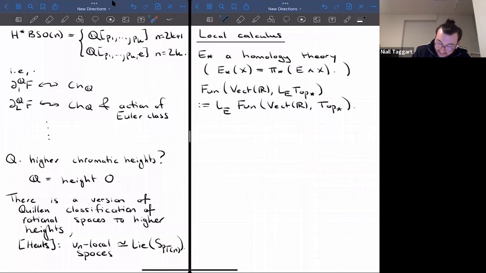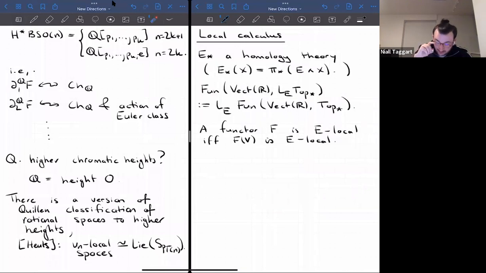In particular, a functor F is E-local if and only if each of its values is E-local. And of course, you can replace top with spectra everywhere if you want, and things still remain true.